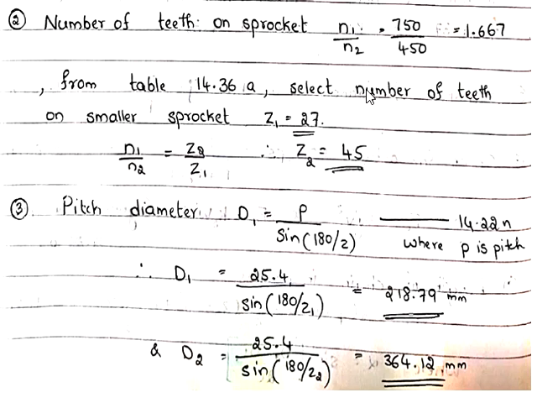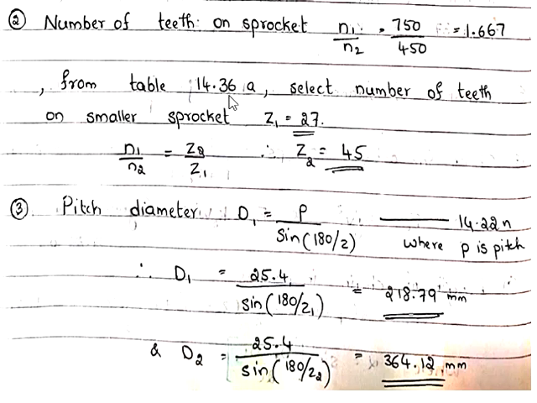From this table, for a speed ratio of 1.667, you will get Z1 value should be in between 30 to 27 from first column. So since Z1 should be least value, you can select Z1 as 27. Therefore from velocity ratio equation, find out Z2 value, you will get Z2 as 45.